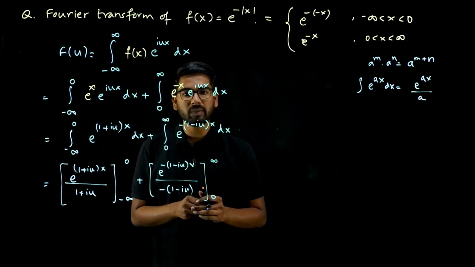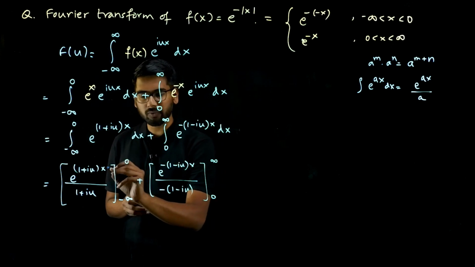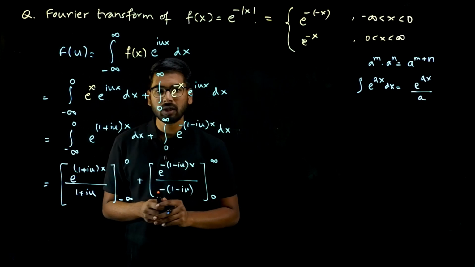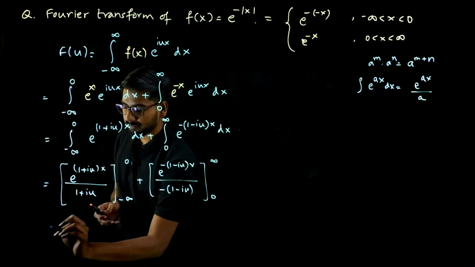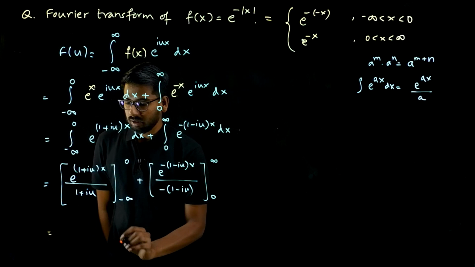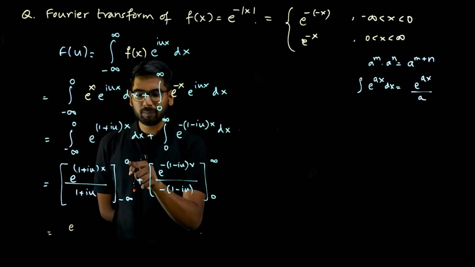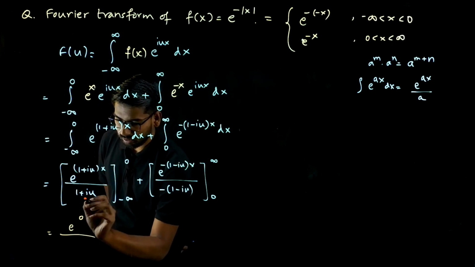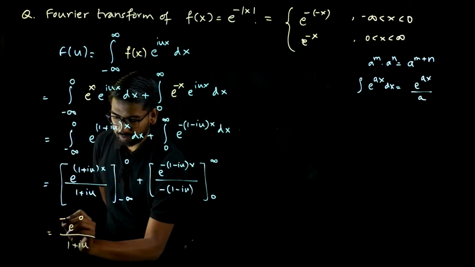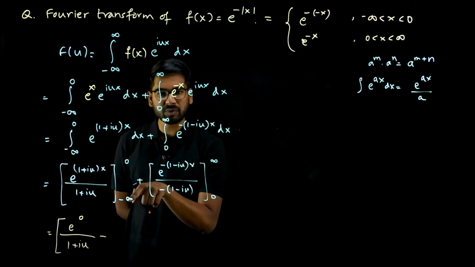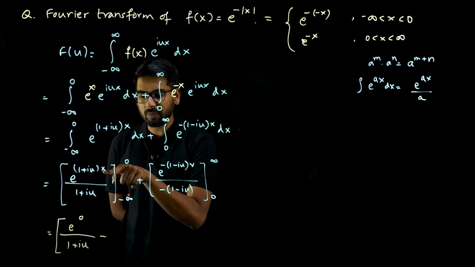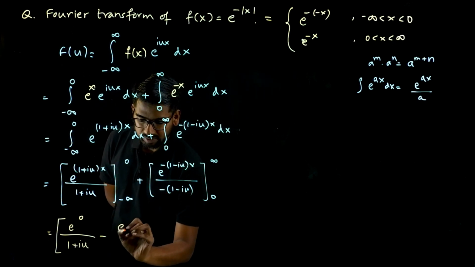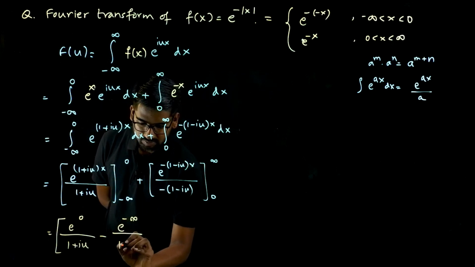How do you evaluate limits? In place of x we substitute the upper limit, and minus the lower limit substituted in place of x. So if I substitute 0, 0 into 1 plus iu is 0, I get e power 0 over 1 plus iu. Minus, next I substitute the lower limit: minus infinity times 1 plus iu is minus infinity, over 1 plus iu.